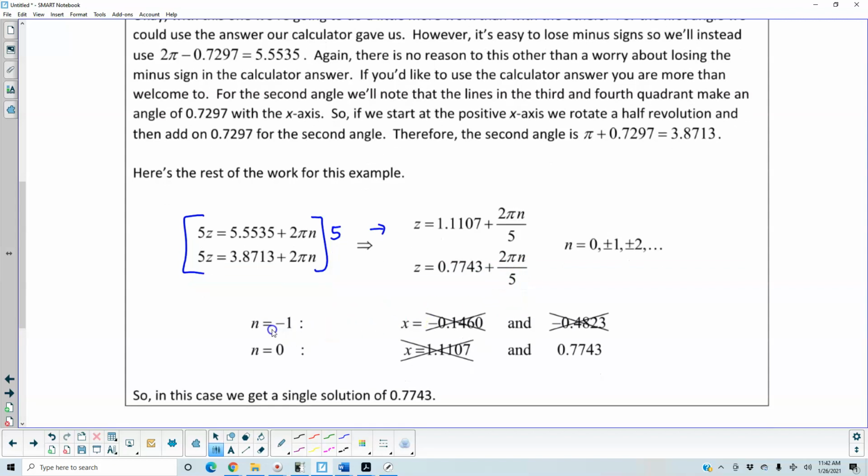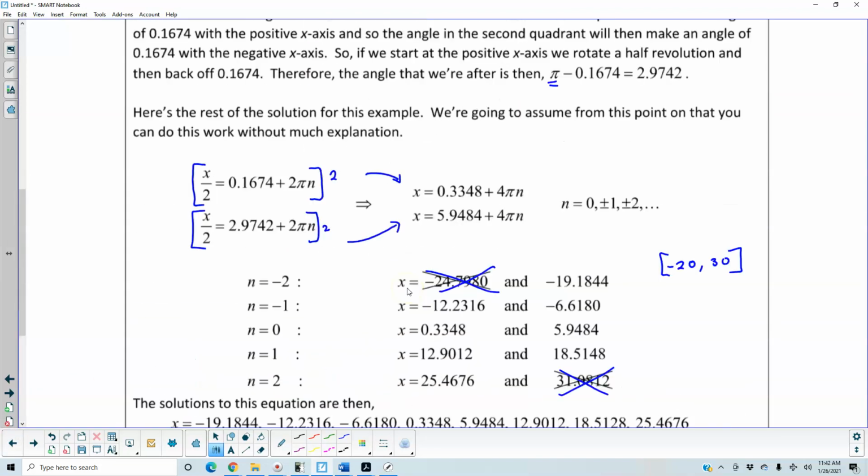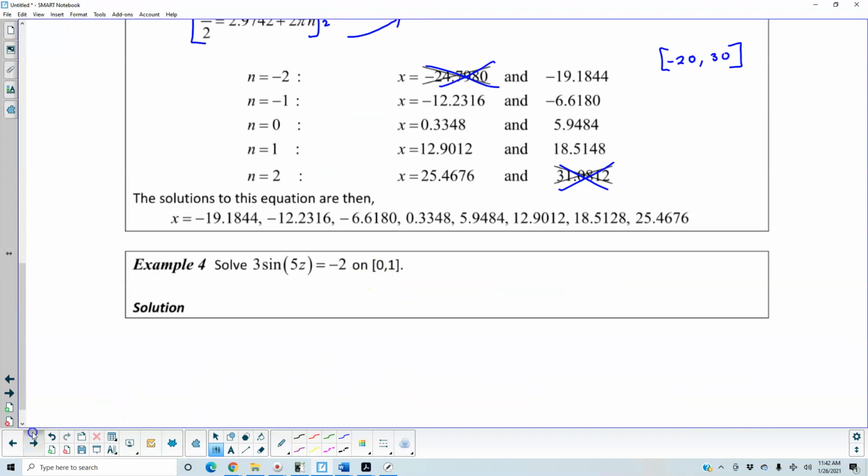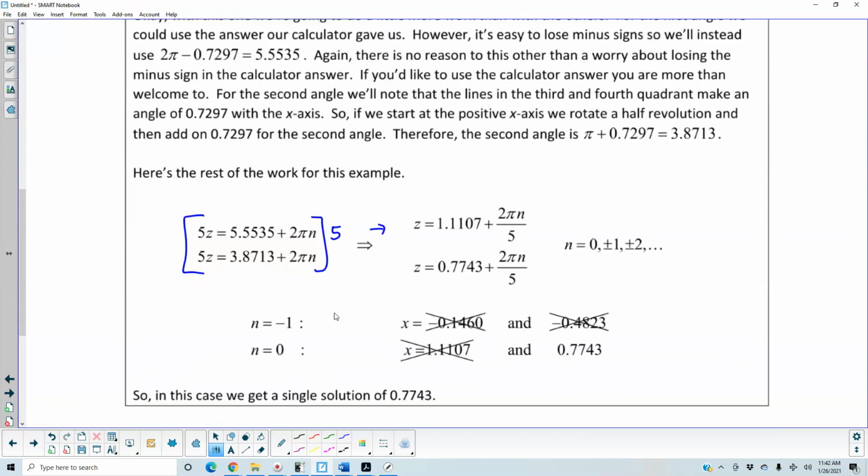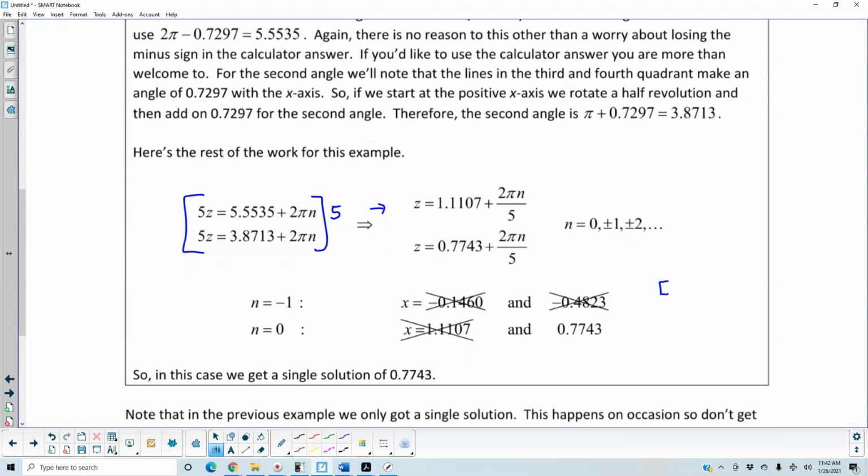And then we're going to find out when n is equal to -1 and when n is equal to 0. And then I believe the interval was between 0 and 1. So we know that since it's got to be in between 0 and 1, we cannot include that point, that one, or that one. So in this case, we get one single solution of 0.7743.